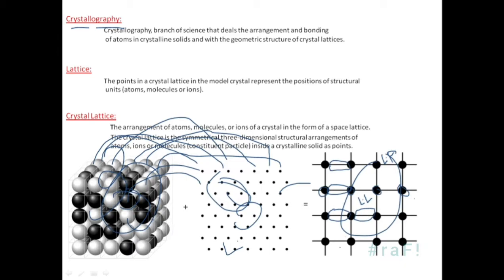Finally, a crystal structure is obtained with the combination of bases plus lattice. Here bases represent the atoms, ions or molecules, plus lattices. Okay, this is about crystal lattice.